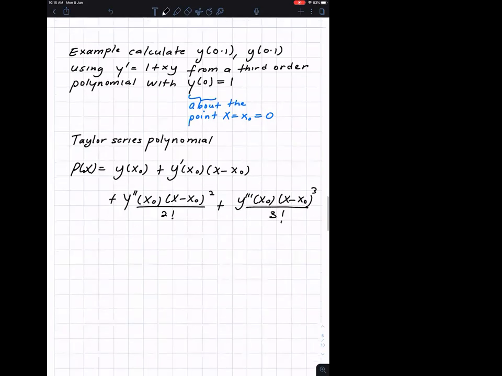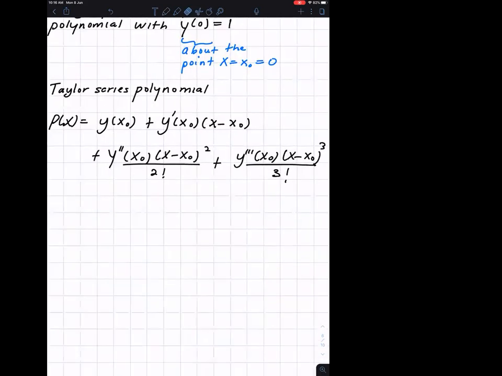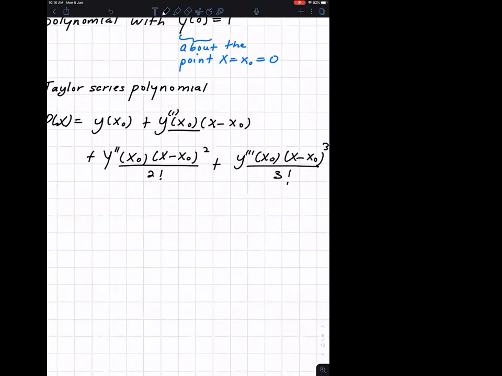Some authors would like to write the first order like this, and it's supposed to be 1 factorial here. It's quite an easy formula to remember because we're not going up to infinity.